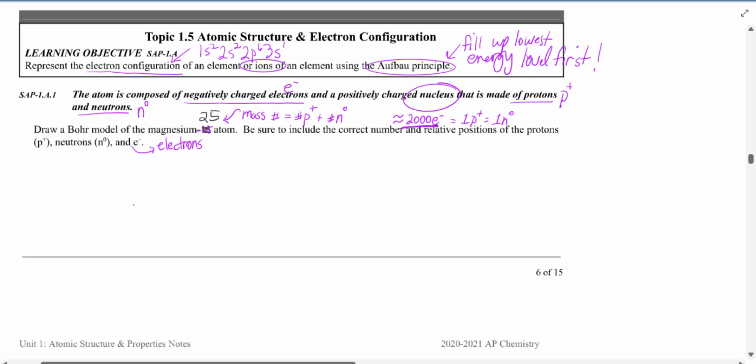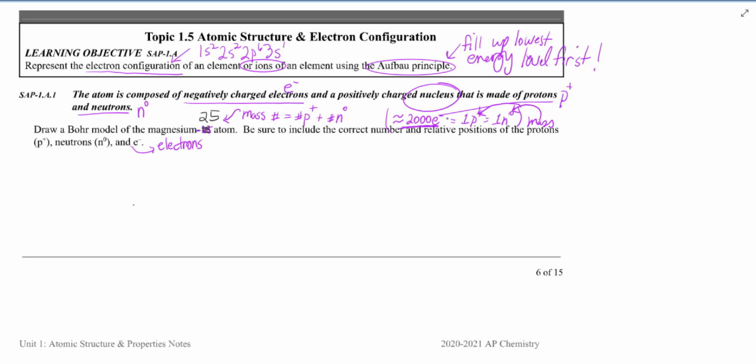So electrons are negligible as far as mass is concerned. I'm talking about mass here of each of these. The electrons are not massless, but essentially compared to the protons and neutrons, they are.